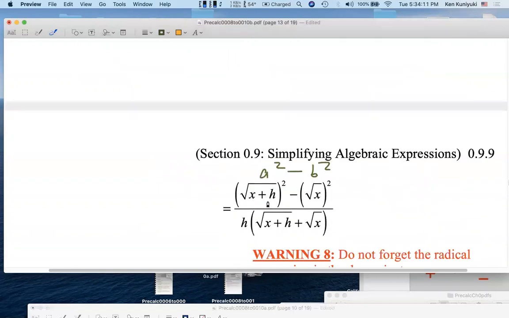The square of the square root of x plus h, which is what? It's just x plus h. Let's put grouping symbols to be safe, although we don't need them in the end. Minus the square of root x, which is x itself, if x is non-negative, but let's not worry about that.